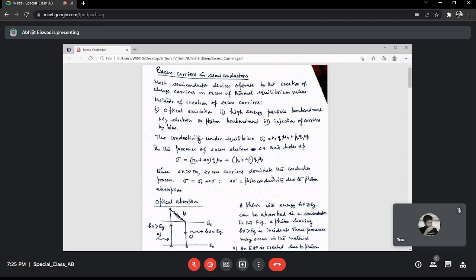But if we generate carriers in excess of the equilibrium carrier concentration, that is called excess carriers. Excess carriers can be generated in a semiconductor by various methods, such as optical excitation, high energy particle bombardment, or injection of carriers by bias.